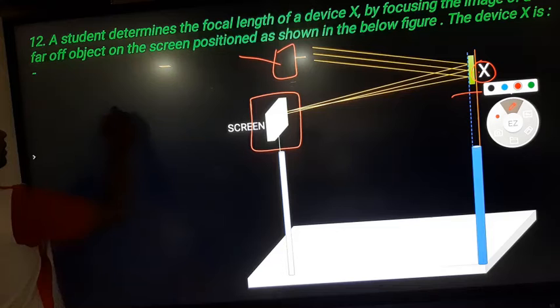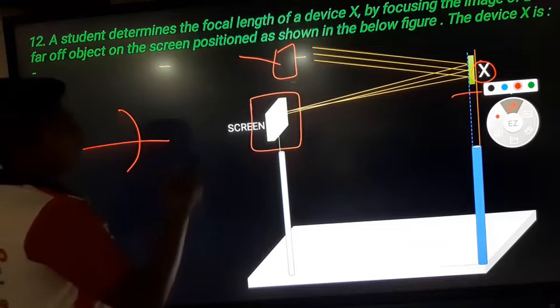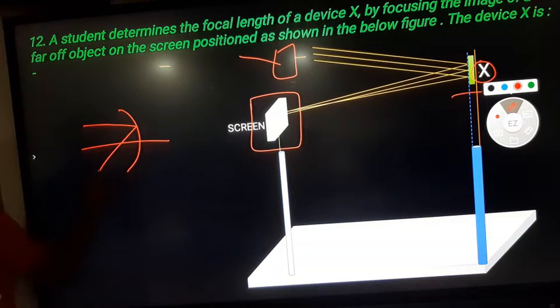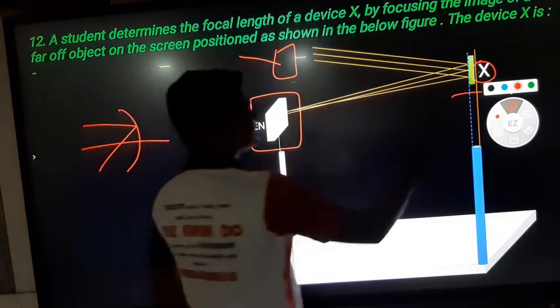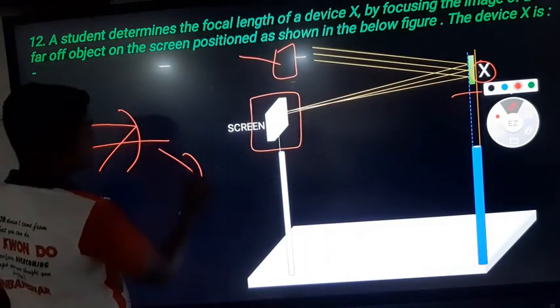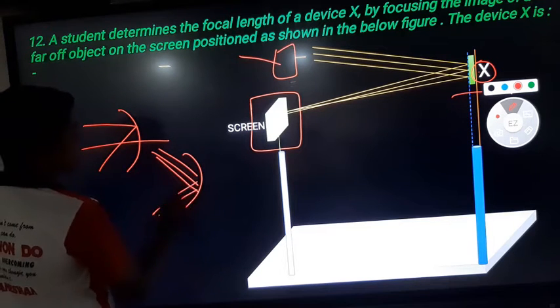If we take it as a concave mirror, when light travels through here, it passes like this. We can take that X is a convex mirror, with three lights passing, and after reflection they will come like this.